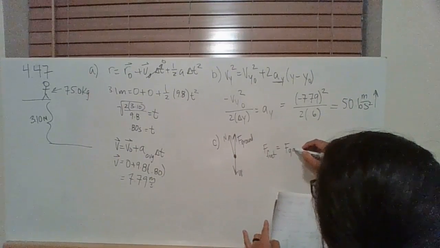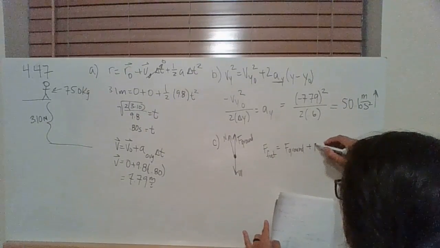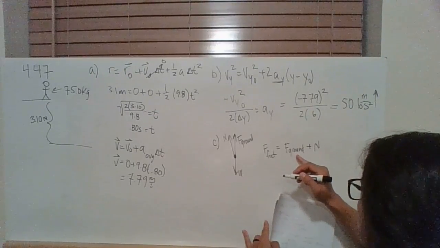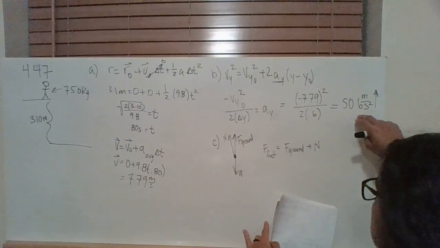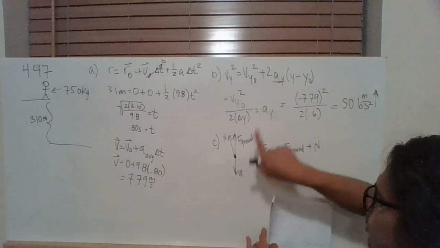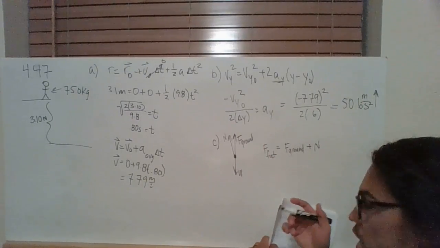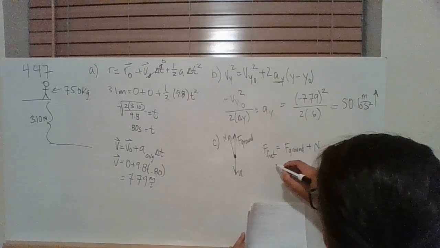So it'll be the force of the ground plus the normal force. We can find the force of the ground because when he's landing, this is his acceleration going up, and we just multiply that by his mass, which we were given as 75 kilograms.